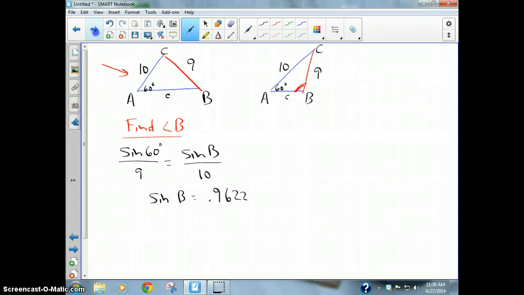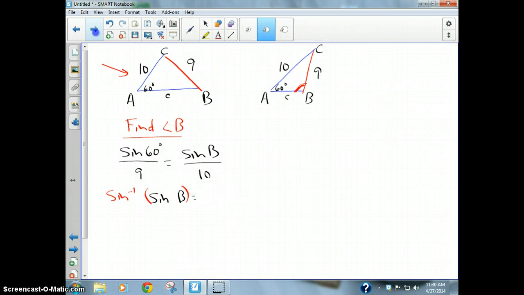So what I need to do now is sine inverse of that to figure out the missing angle measure, just like I taught you in class, sine inverse of both sides. Sine inverse of 0.9622, and if you do that on your calculator, you'll find out that angle B is about 74.2 degrees.